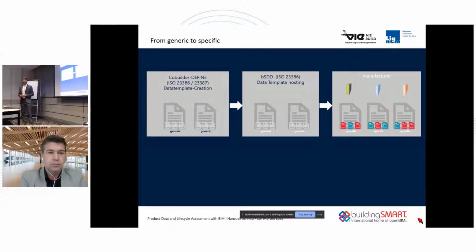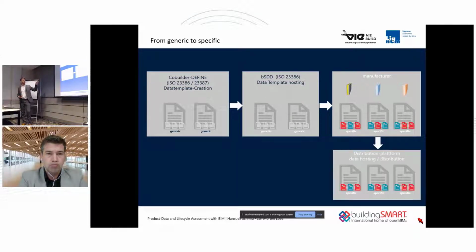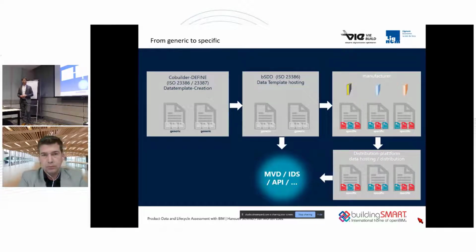I think that Hansueli will talk about that later on. And from BSDD, the manufacturer can derive those data templates and specify them with their product data, with their values, and offer those data sheets for the customers. But then we need something to distribute it into the model to the right place.